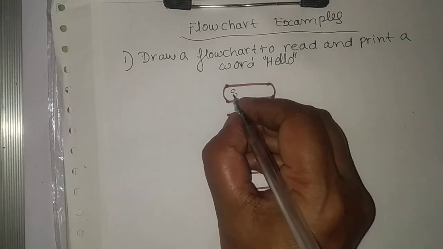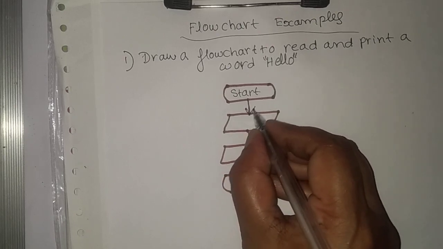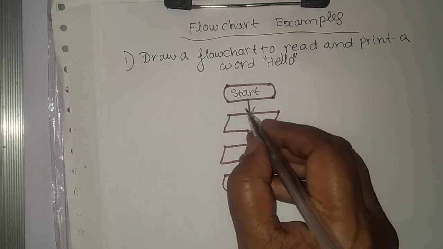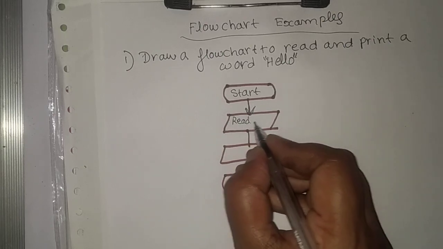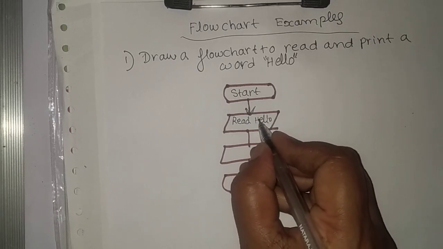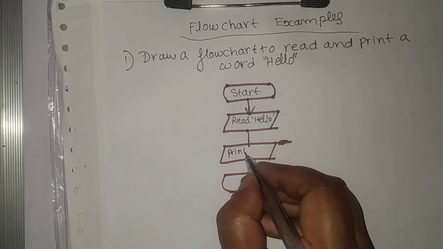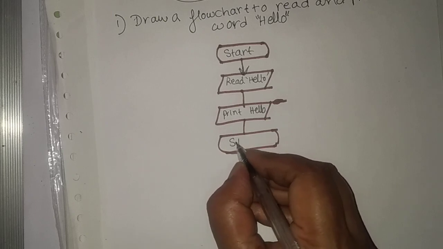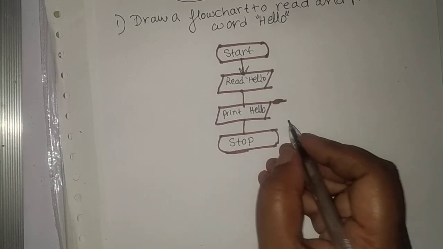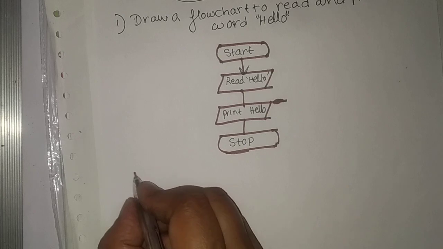Here I'll write the start, then this connection arrow is required because this goes this way. So read the word hello, read hello. Next, print or write, print hello. Last is stop. Read the given word, print the given word, and stop. This is the flowchart for reading and writing a word.